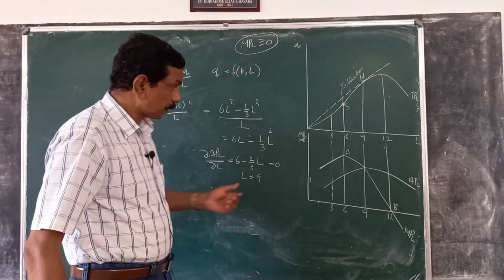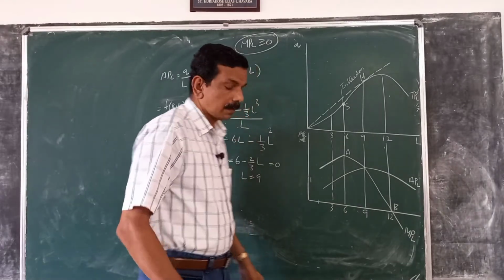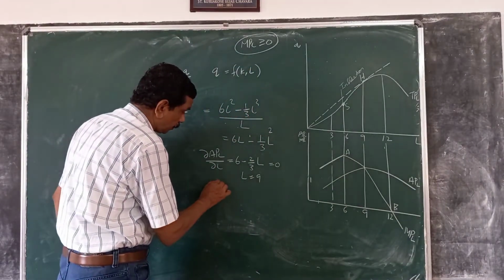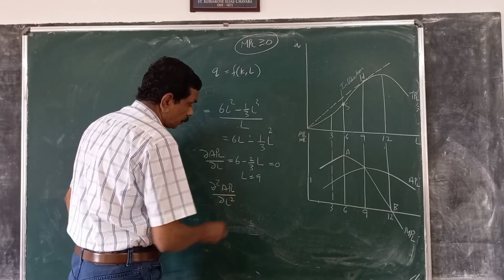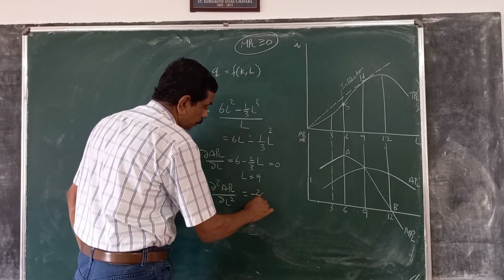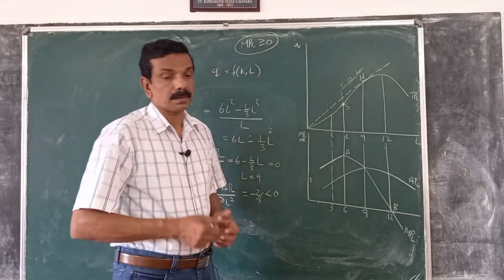So average product is maximum when L is 9 units, and this is confirmed by ∂²APL/∂L² equal to minus 2/3, less than 0. Second order condition for maxima is also satisfied.